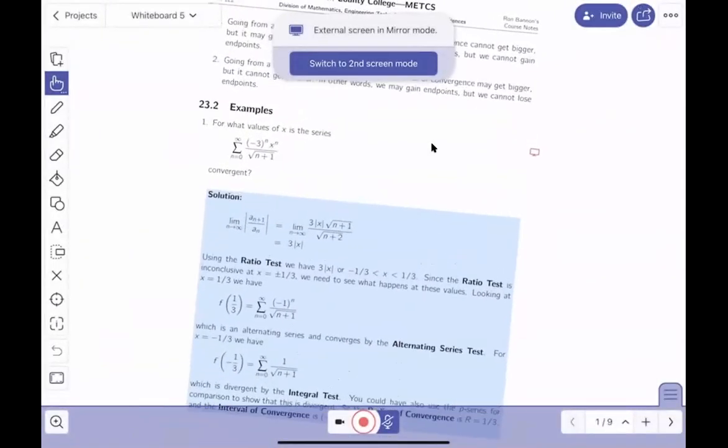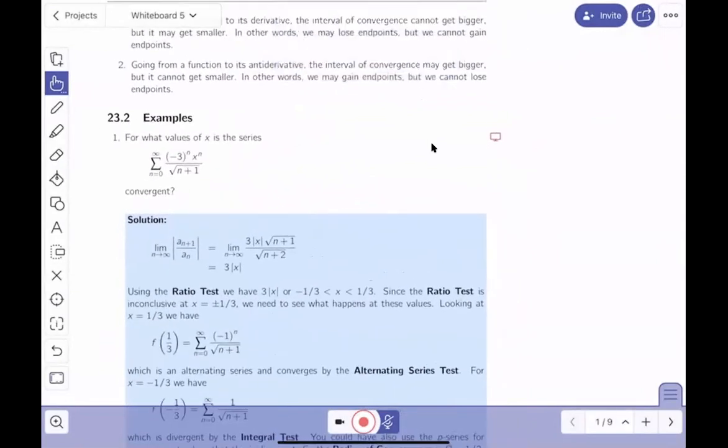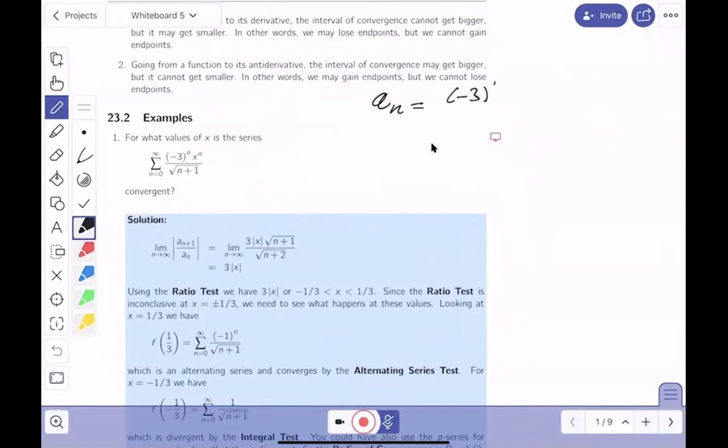And certainly this one over here says, for what values of x does the series converge? So what I would do is just do the ratio test right from the beginning. To write that down, I have to write down what a_n is. So a_n is minus 3 to the n times x to the n over the root of n plus 1.